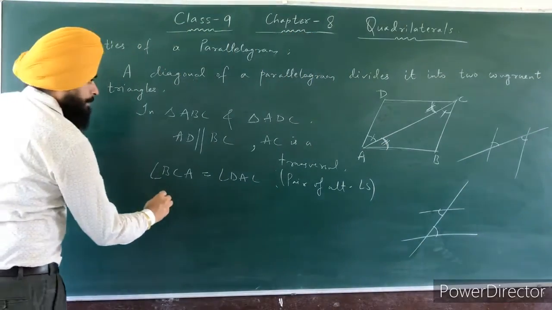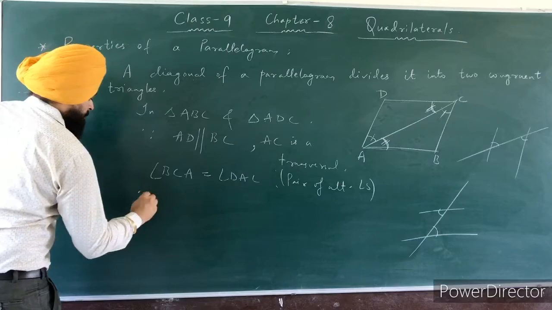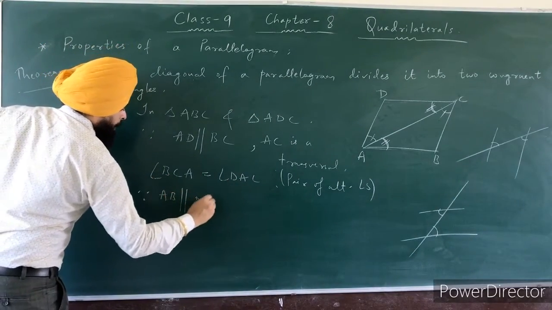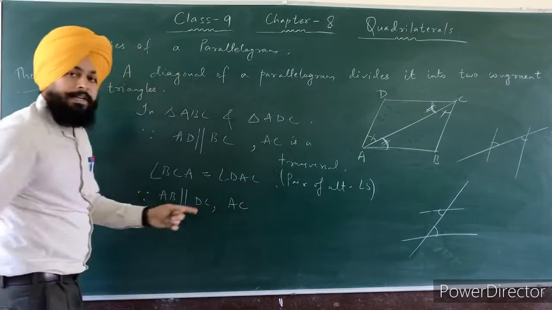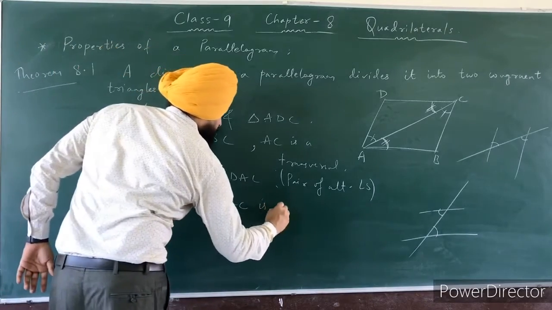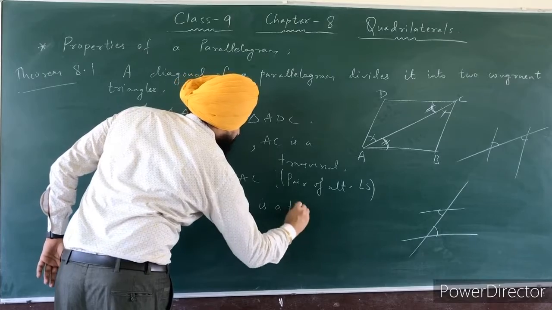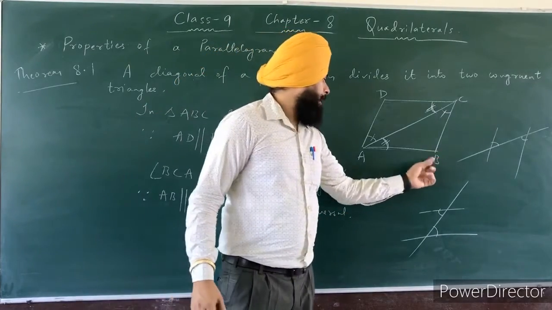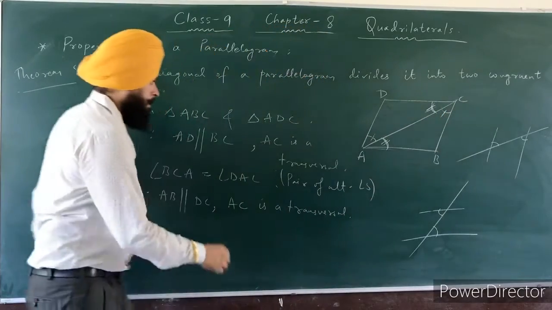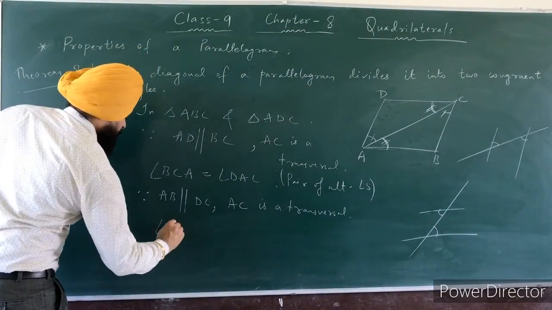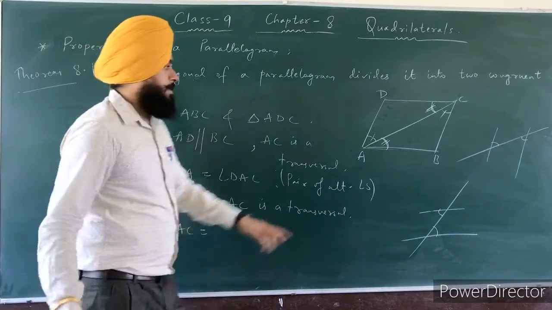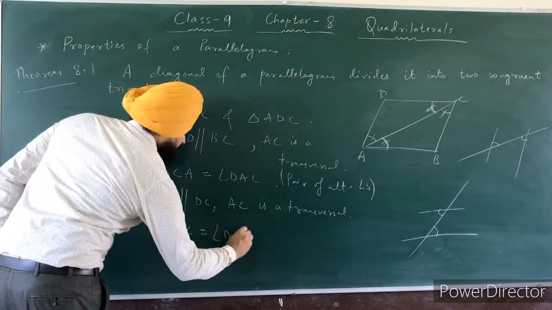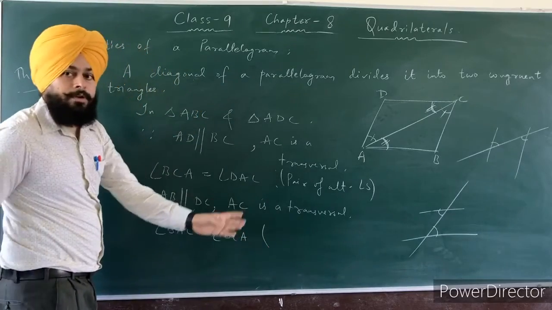So you can write: since AB parallel to DC and AC is a transversal, then angle BAC is equal to angle DCA. The reason is again the same: pair of alternate angles.